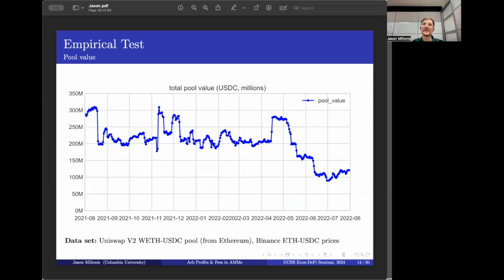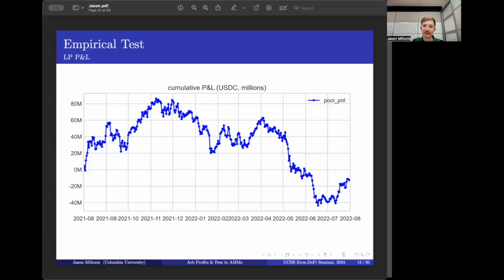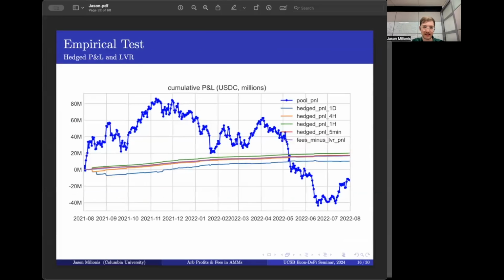And the pool value is going to be reflected as something like the curve that you see here. Now, the profit and loss that you can measure directly from data is going to look very jagged, something like that. But now if you additionally use the hedging, then what you can actually see is that you can get roughly almost nearly straight lines.